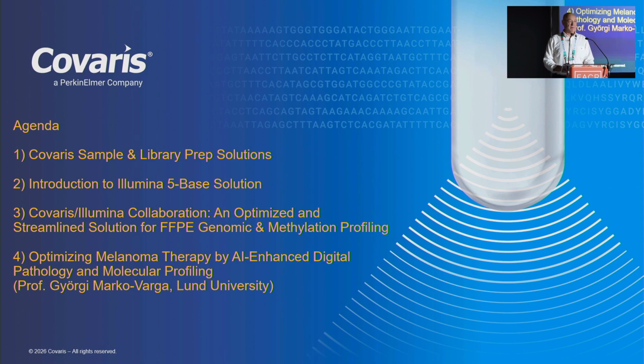And it's a streamlined solution for FFPE analysis. And then we'll end up with Professor Georgi Markovarga from Lund talking about the proteomics workflow from FFPE material. So he will describe then how to prepare protein and in a mass spectrometry workflow.